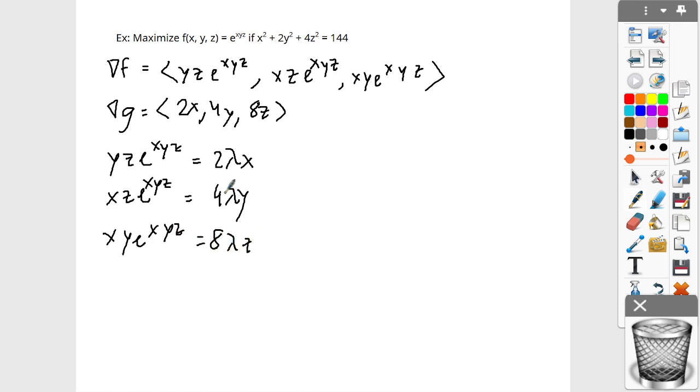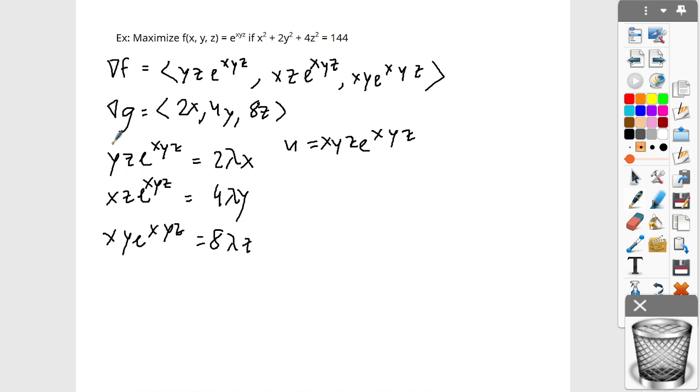There's a neat trick that you can use to solve this question easily, and the trick is called substitution. What I can do is substitute u equal to xyz e^(xyz), because this becomes a lot nicer, and I can group them together.